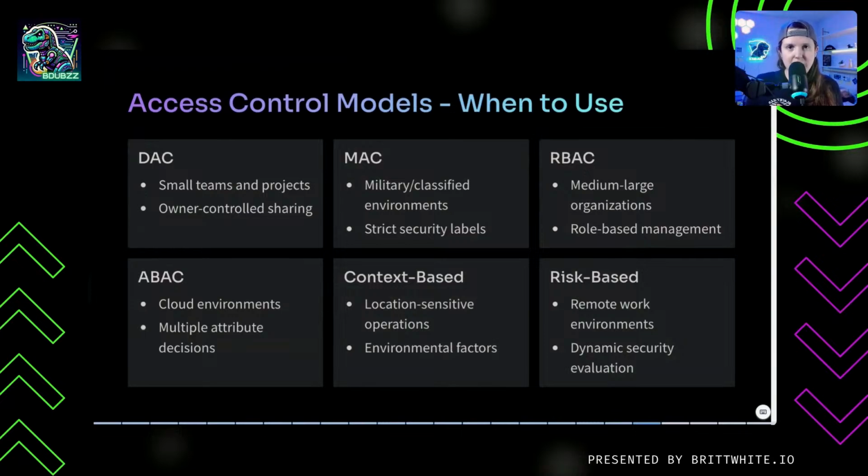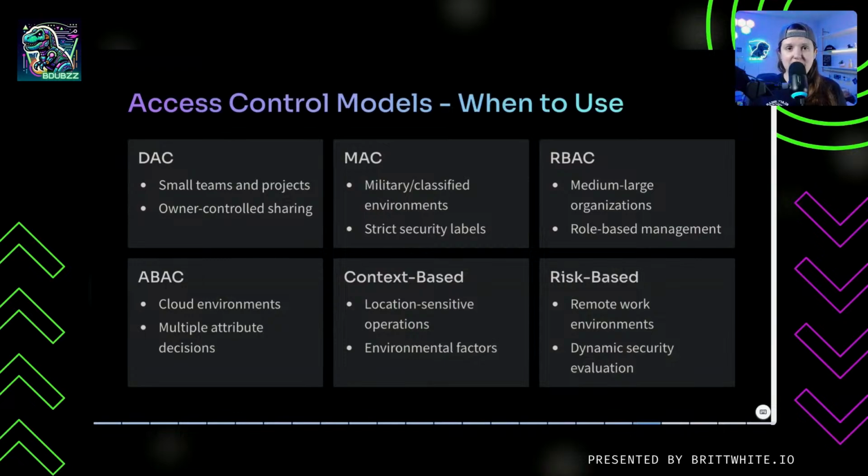While it's more complex, it does offer incredible flexibility. Context-based access control works great when location matters. Think of a bank that needs different security roles for branch access versus remote access. It's all about where and how you're trying to access resources. Risk-based access control is perfect for environments dealing with sensitive data and remote work.